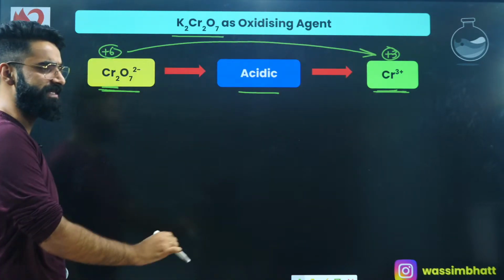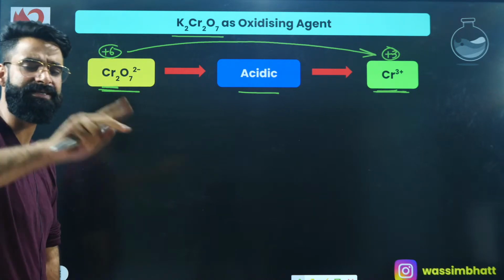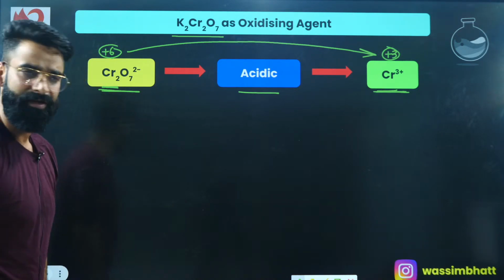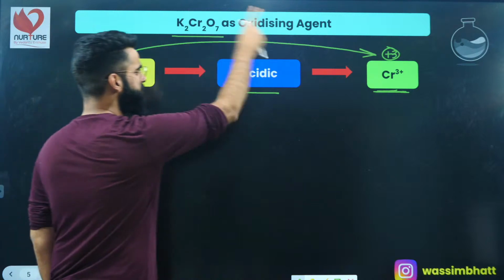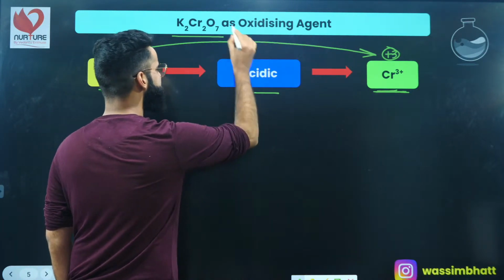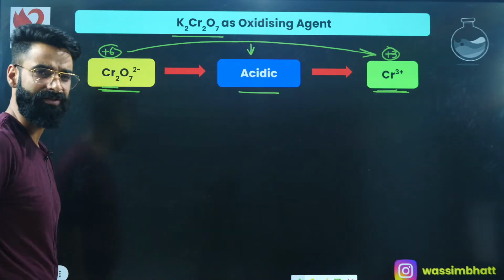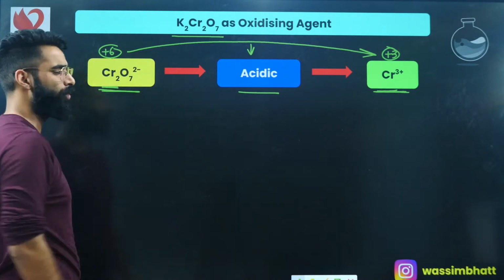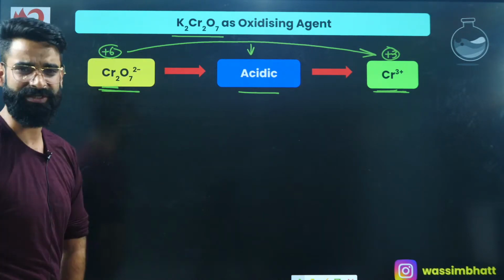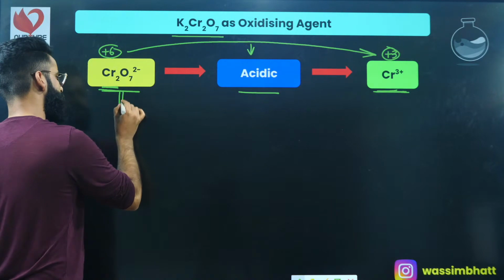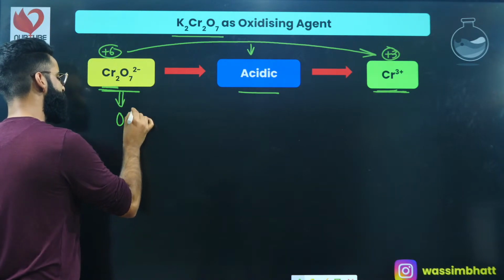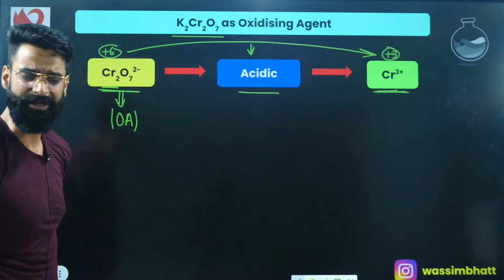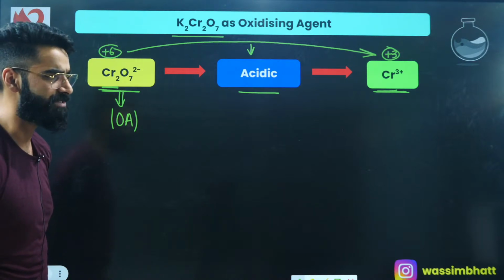That means the oxidation state of chromium is decreasing. Decrease in the oxidation state is what we call reduction. So this whole compound will be undergoing reduction, and that substance which undergoes reduction is what we call an oxidizing agent, right? So your Cr2O7 dinegative, or you can write it as K2Cr2O7, acts as the oxidizing agent.